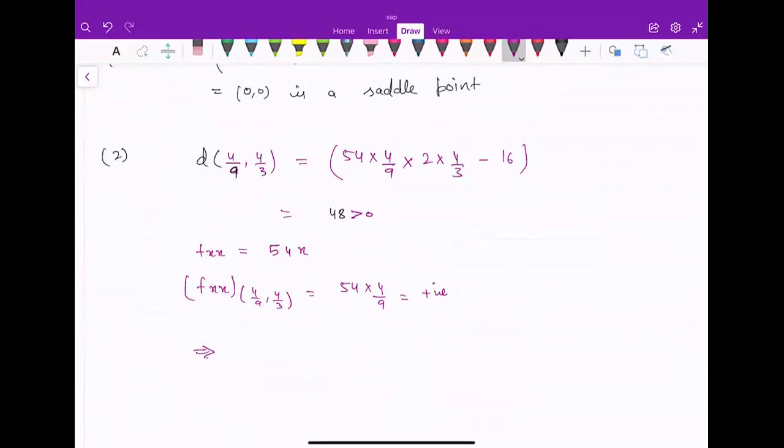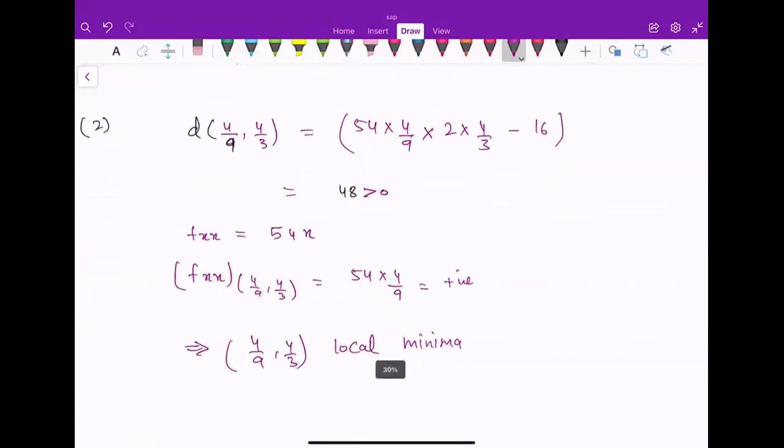This implies that 4/9, 4/3, these critical points are local minima, or we can say the function has a minimum value at the point 4/9 and 4/3.